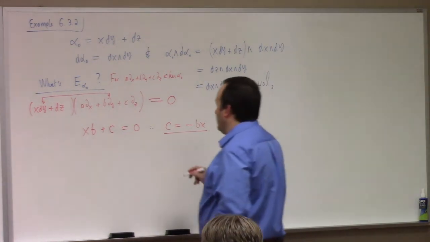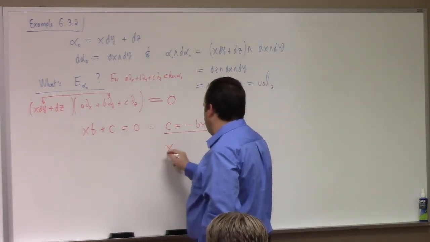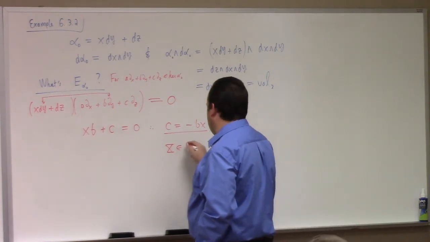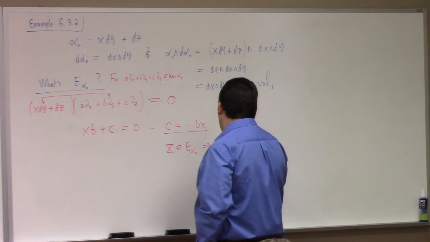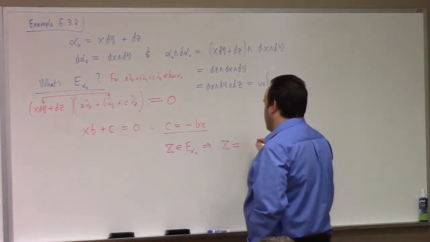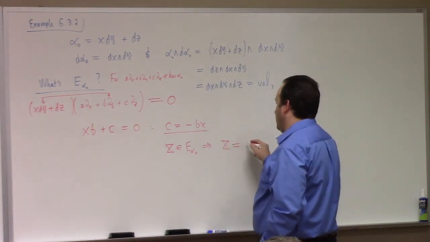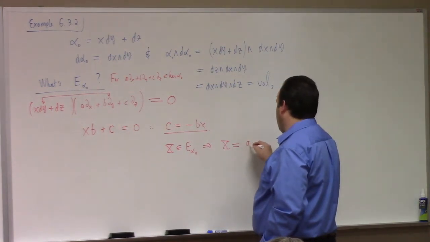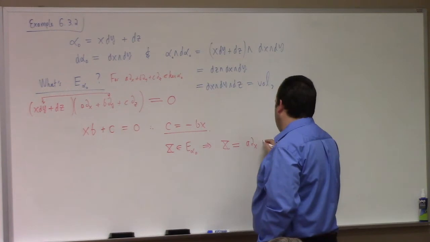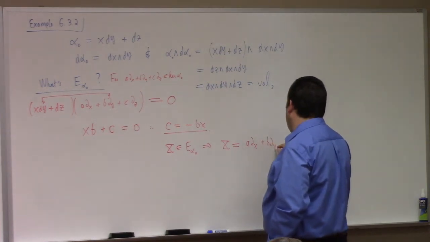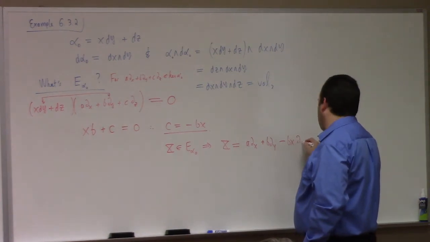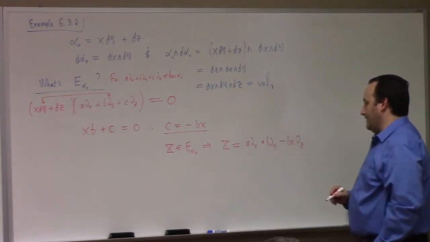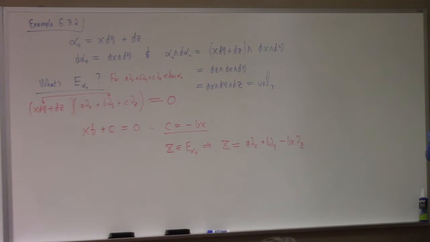So our generic X, to be an element of the contact distribution, implies that capital X equals A partial x plus B partial y minus Bx partial z. Do we agree?